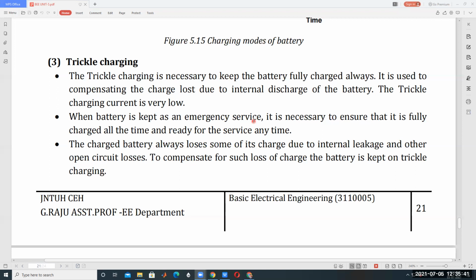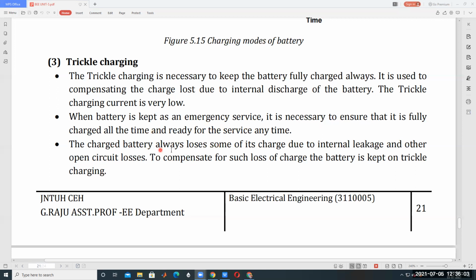This is one advantage of this method. If the battery is at 100% charge, it can be used for service anytime.